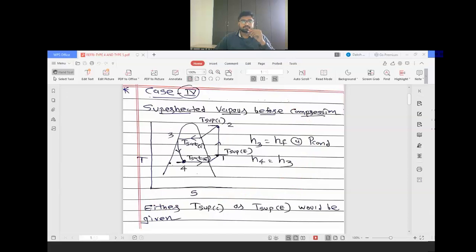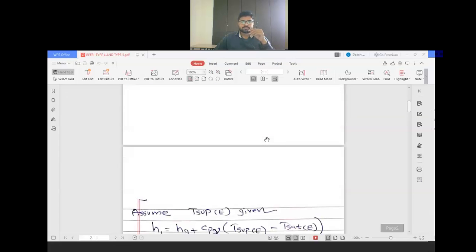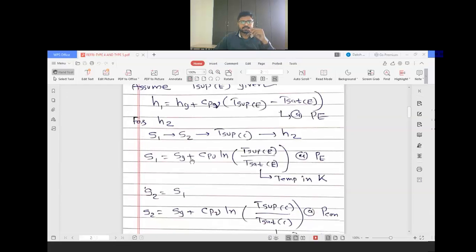Clear? As I told you, first of all you need to find S1. This is the procedure: S1, S2, T superheated condenser and H2. Let us write the formula for S1.